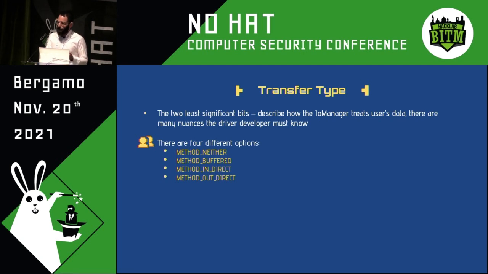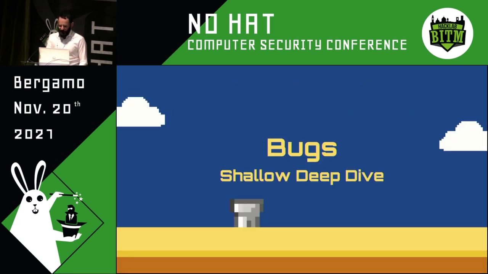And if you don't use the parameters in the drivers correctly, you're probably going to blow your own machine. And also in here, you have 4 different options: method neither, method buffered, method in-direct, and method out-direct, and we will examine them now. So after this introduction, we will go to some basic bugs and some code, of course.